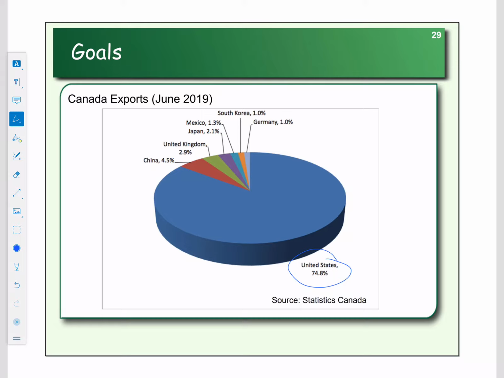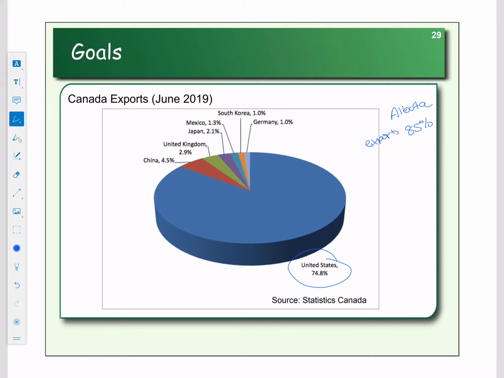If we look at Alberta, Alberta has an even closer tie to the US. If we look at exports for Alberta, about 85% of the exports, so the goods and services that we make in Alberta that we sell to other countries, 85% of them go to the US. In comparison, Manitoba is about 67%.